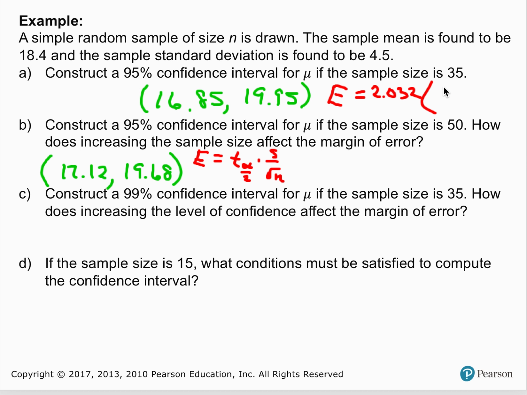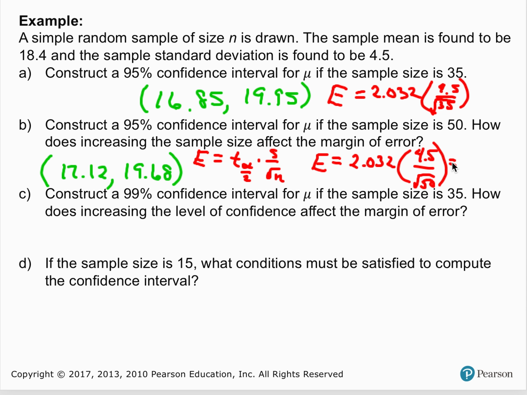Times 4.5 over the square root of 35. And then the same thing down here. The only difference is going to be the square root of 50.